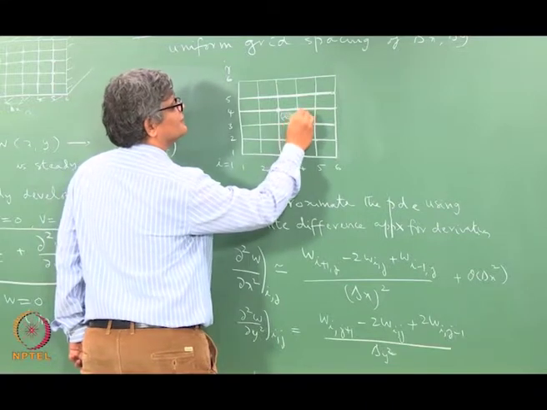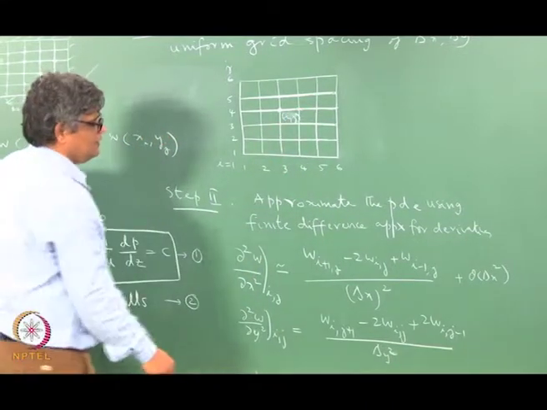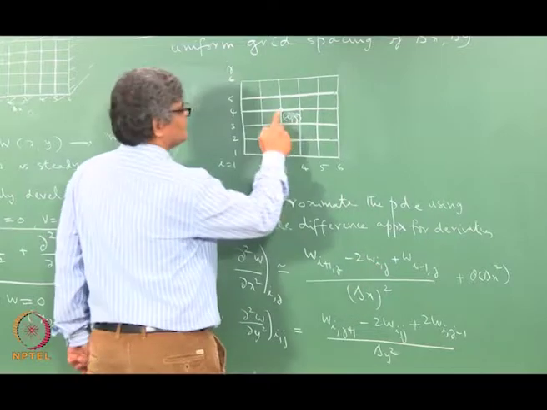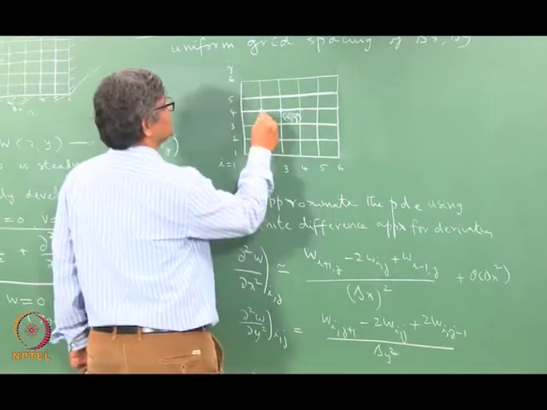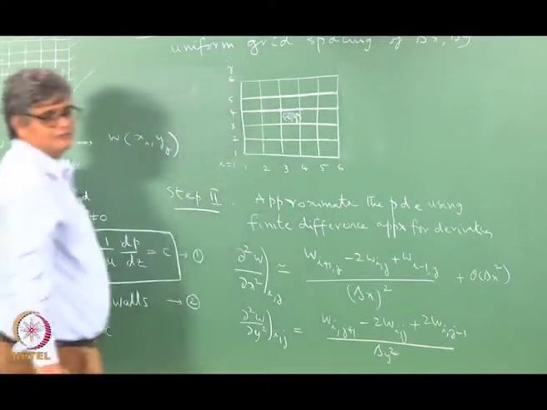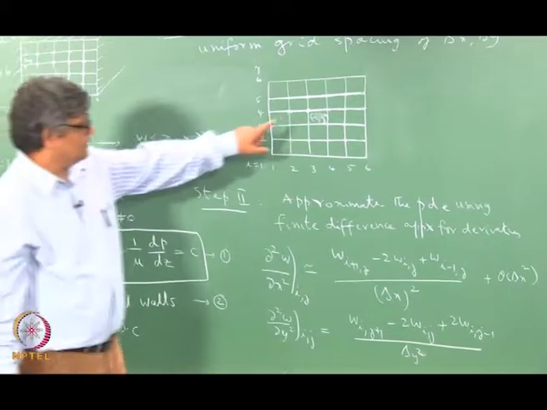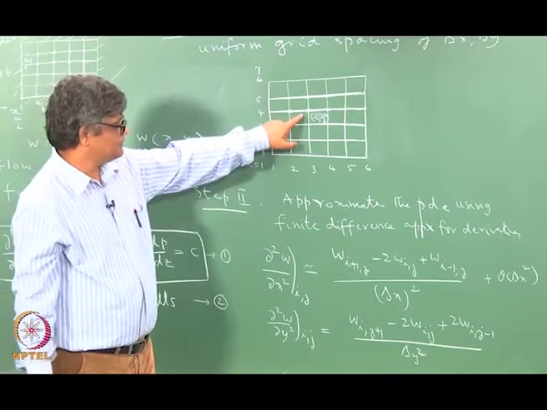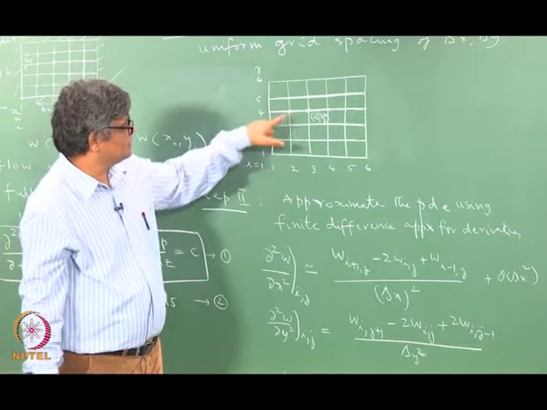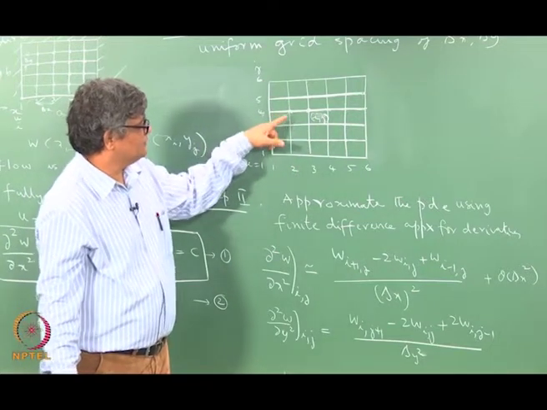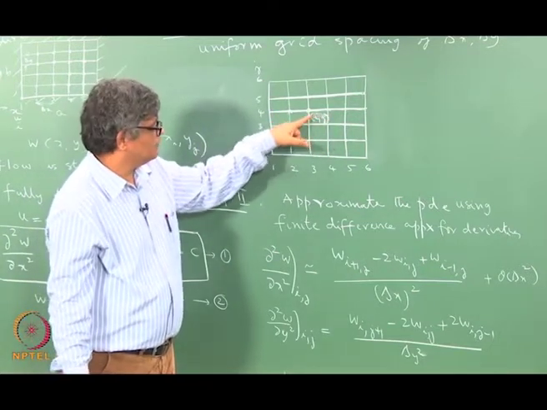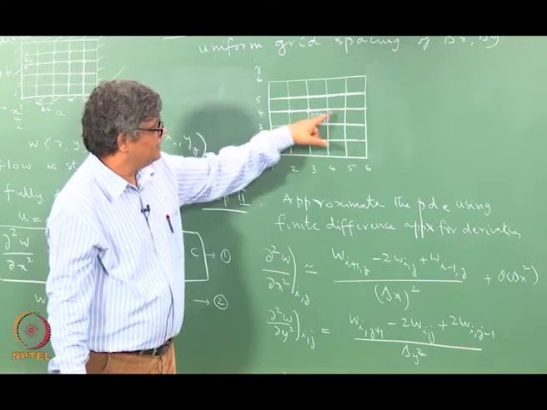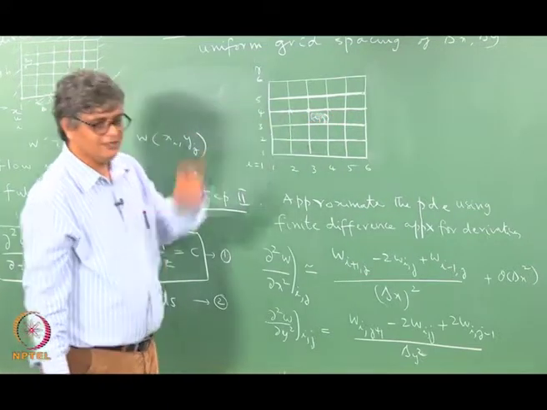So, this is one point here, and W(i,j) is this, and then W(i-1,j) is this. So, the derivative is expressed in terms of finite differences involving the point itself and the point to the right and the point to the left.